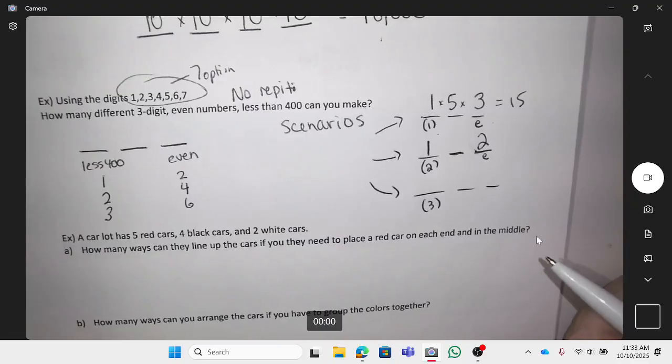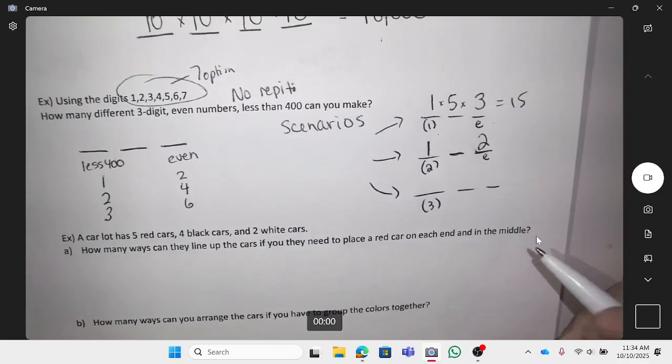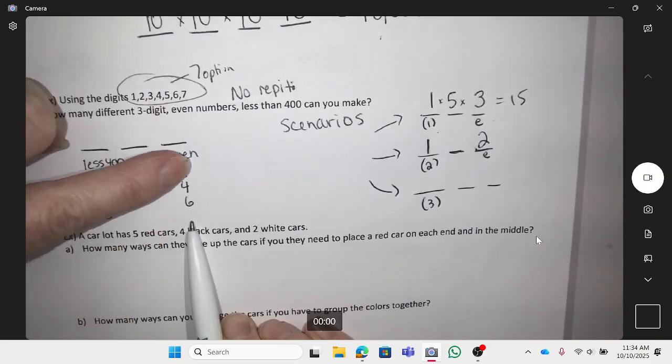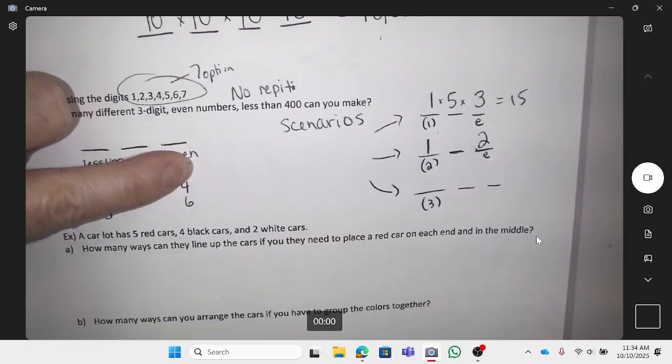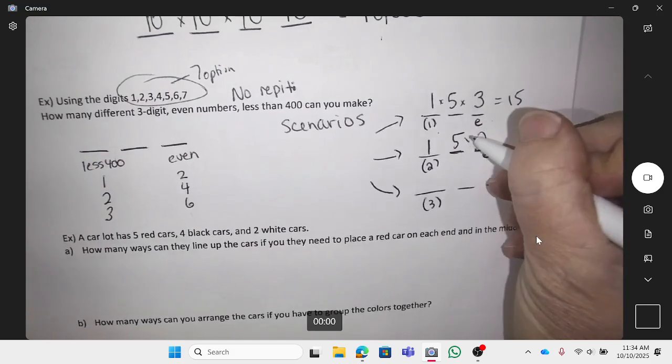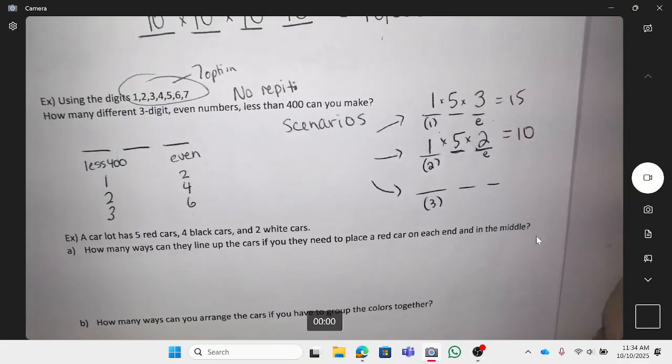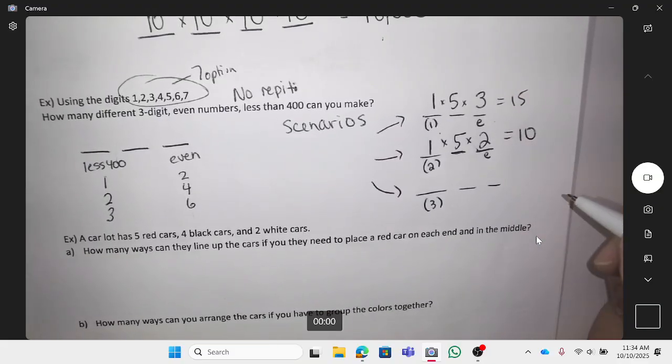I only have 2 options. Why do I only have 2 options in this even spot? Because you already picked the 2 somewhere else, so you can't use it again. Do you see it? Can't use it now. Okay, and then I'm left with 5 more digits. So there's 10 ways to make a 200 even number.